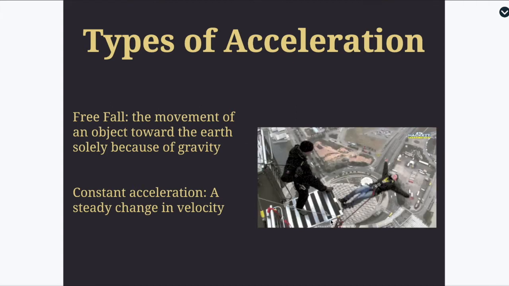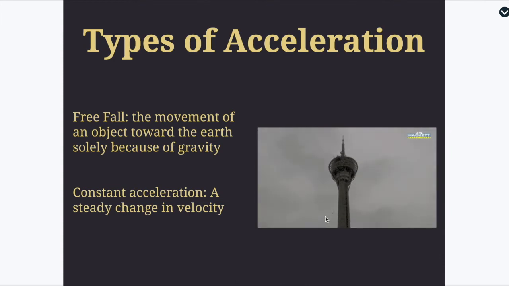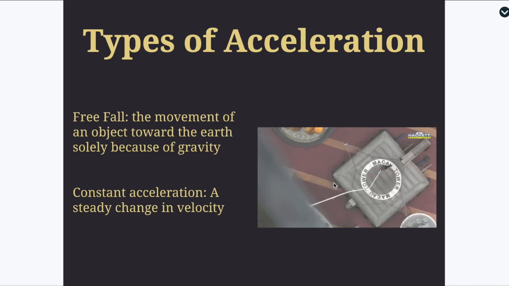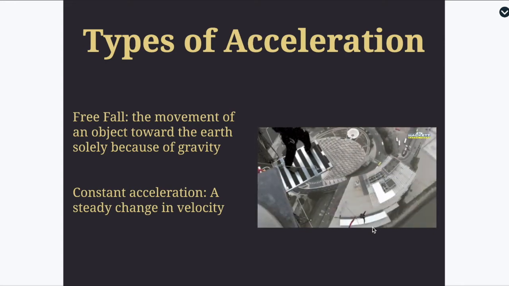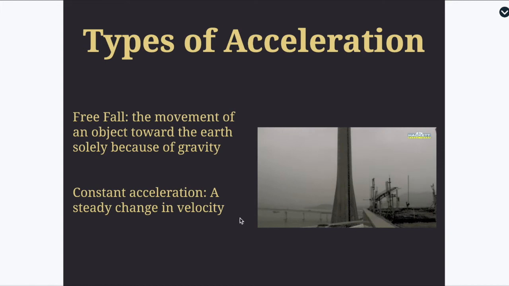Here we have a video of a person bungee jumping off of a big tower. This would scare the crud out of me, but it is interesting to see. That person is experiencing acceleration due to gravity, so that would be free fall.